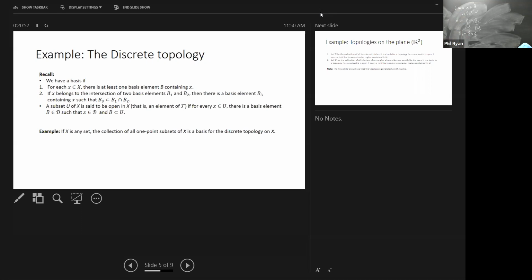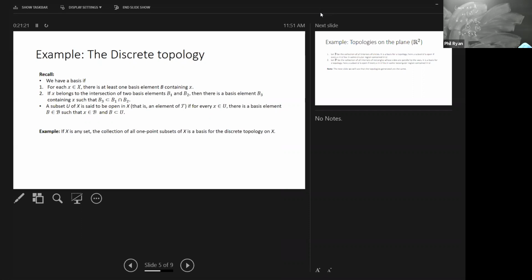A set is said to be open if for every x in that subset there is a basis element B such that x is in that basis element. Sorry, that should be a normal B, not a script B. So x is in that set and B is contained in it.